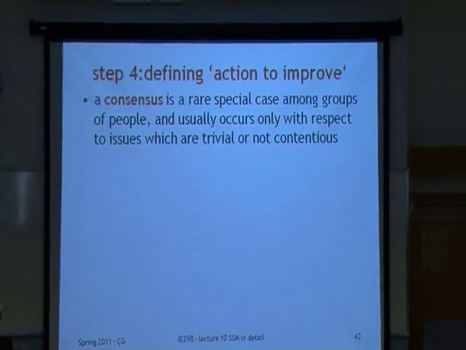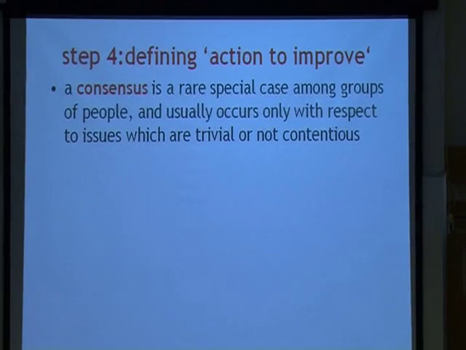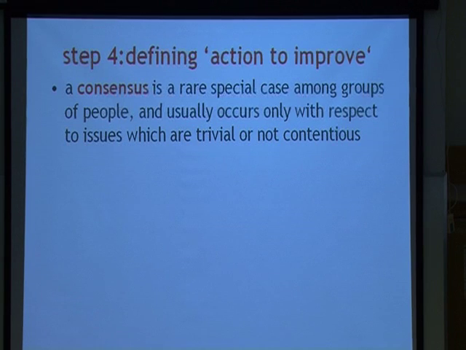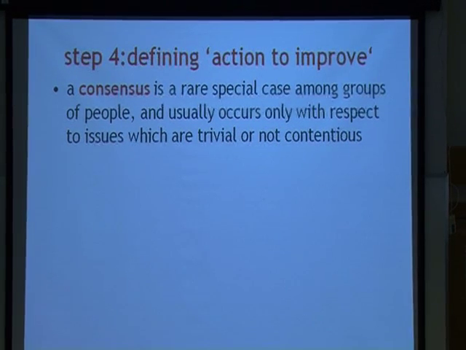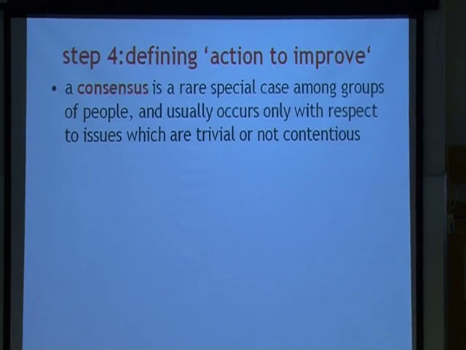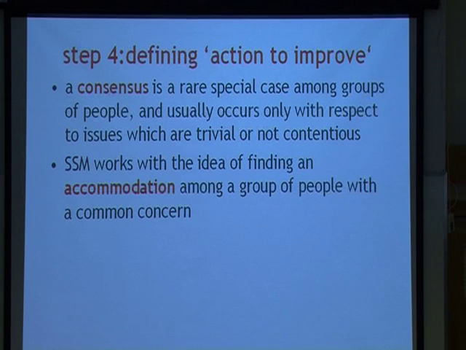A consensus, as you know, is a rare special case among groups of people. And if you have a consensus, it usually occurs only with respect to issues which are trivial or not contentious. Contentious means arguable, open to discussion. So consensus is not something we seek to achieve at all.